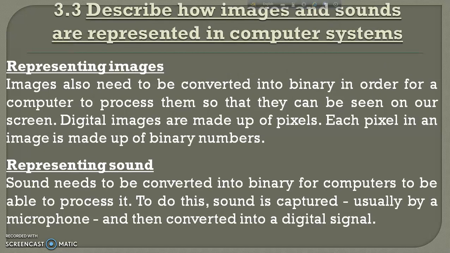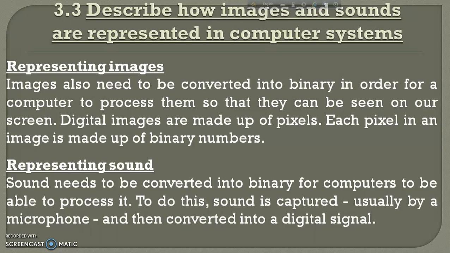3.3 Describe how image and sound are represented in computer system. Representing images. Images also need to be converted into binary in order for a computer to process them so that they can be seen on our screen. Digital images are made up of pixels.